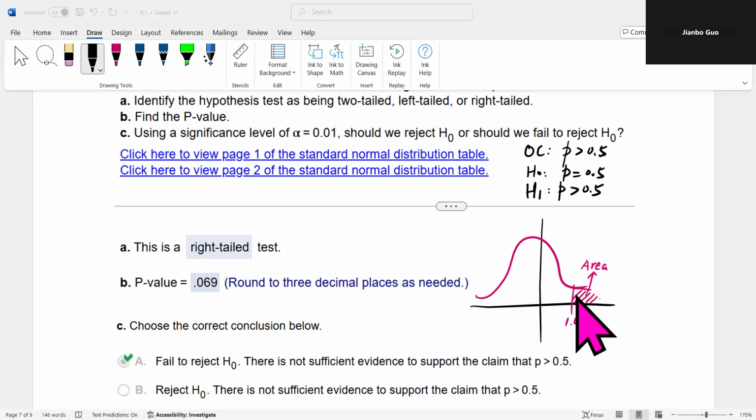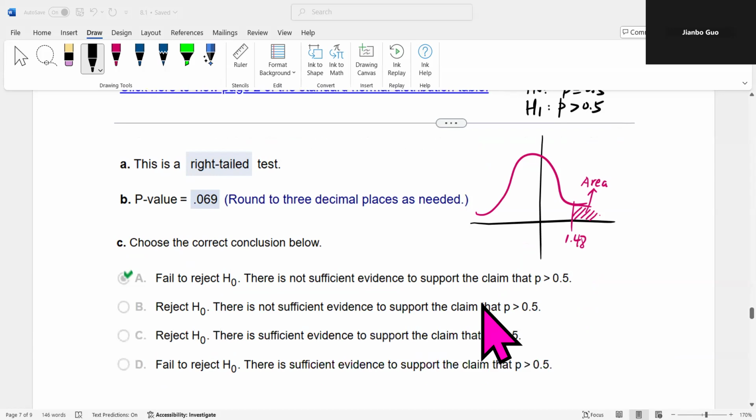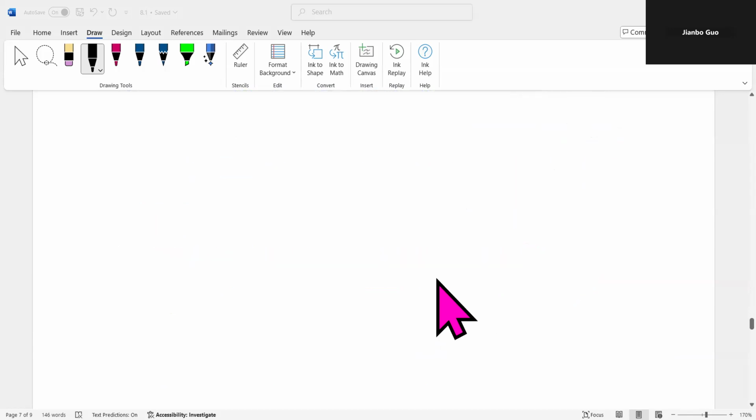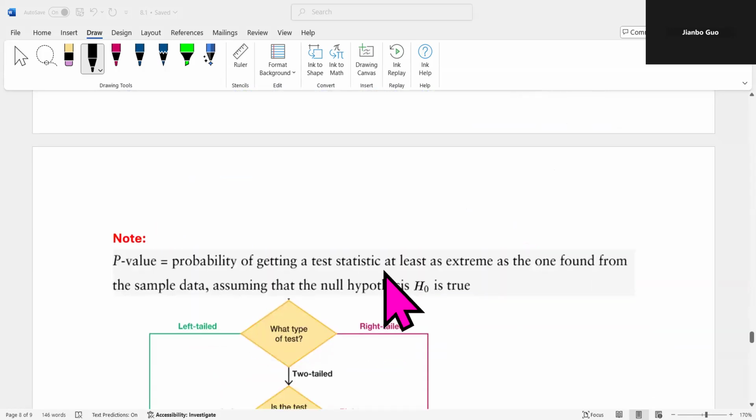P-value is the probability of the test statistic being as extreme as, we can look at the definition here, the test statistic at least as extreme as the one found from the sample data. The value 1.48 is the one we found from the sample data. So bigger than or equal to that is at least as extreme as that one.